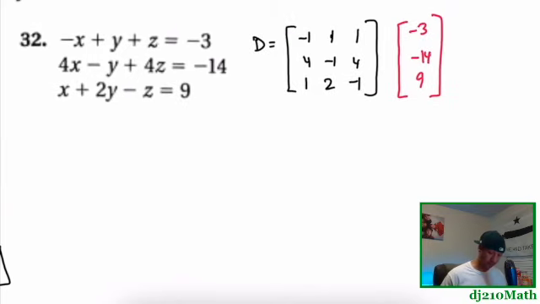Oh, that's a good hour. So we're just finding the determinant of the X, Y's, and Z's, right? The constant matrix, the 3 by 1, it's off to the side right now. We'll be swapping that in for X and for Y and for Z and doing this process all over again. So let's go. This is going to be -1.